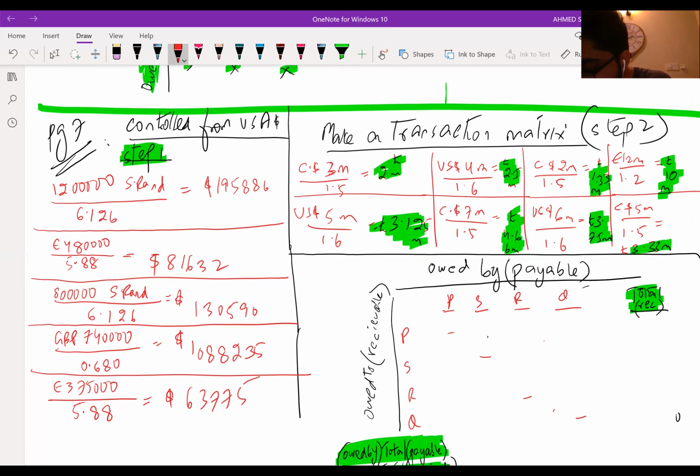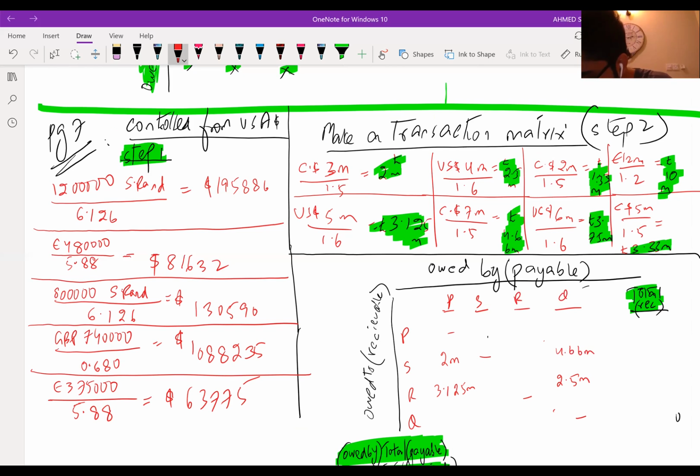Now note the transactions. First transaction, owed by P, owed to S: 2 million pounds. Second, owed by P, owed to R: 3.125 million. Third, owed by Q, owed to R: 2.5 million. Fourth, owed by Q, owed to S: 4.66 million.